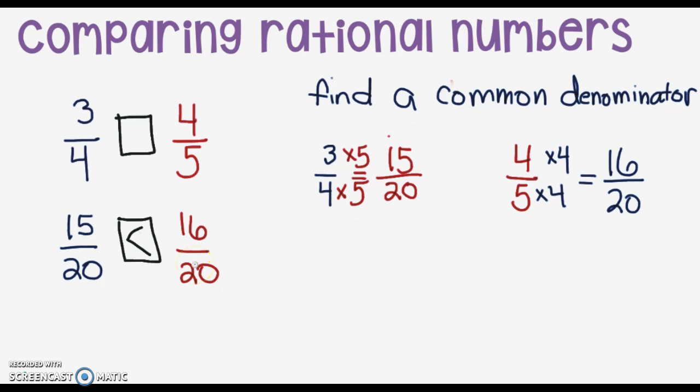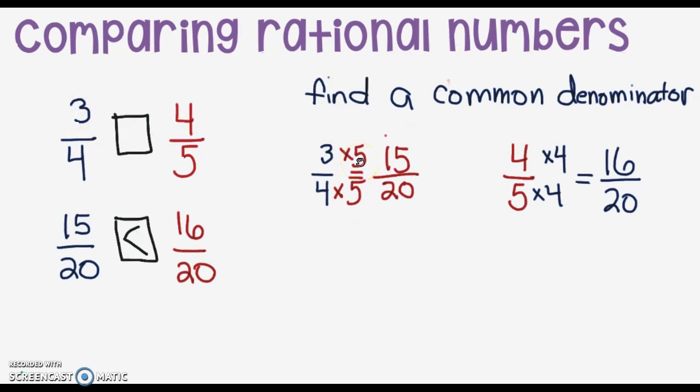Now I'm going to show you a little shortcut here. Once we have common denominators, what we're really looking at is the numerator. We're looking at which numerator is bigger and which is smaller. If you look at the pattern here, the numerator of 3, we multiplied it by the denominator of the other fraction, 5 times 3, and we got 15. Oh, that's a bad circle, but you get my point.